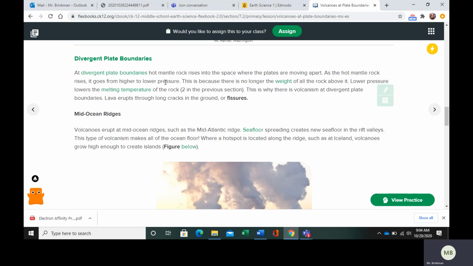As it gets to the surface, it does not have those rocks above it anymore, so it's at lower pressure. So lower pressure, remember, this is going to lower the melting point of the rock. So this is why we have volcanoes at divergent plate boundaries. And the lava is going to go through the long cracks in the ground called fissures.